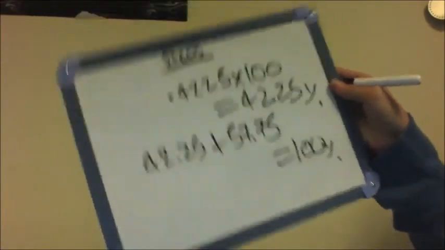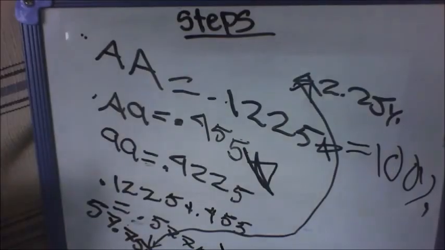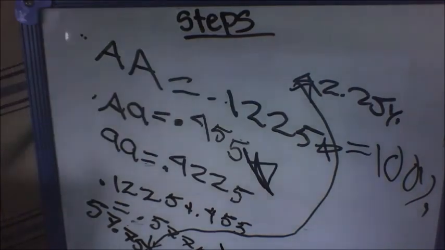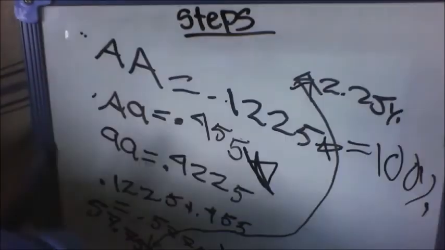To make sure that these add up to 100%, we are going to add them up. So it's going to be 42.25 plus 57.75. And when you add this in a calculator, it should equal 100%. And that's how you know that's right. So that is how you solve a Hardy-Weinberg equation. Thank you for watching.